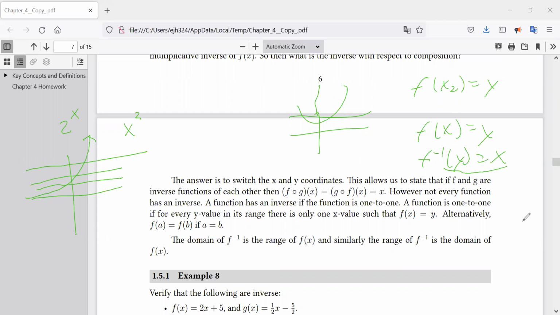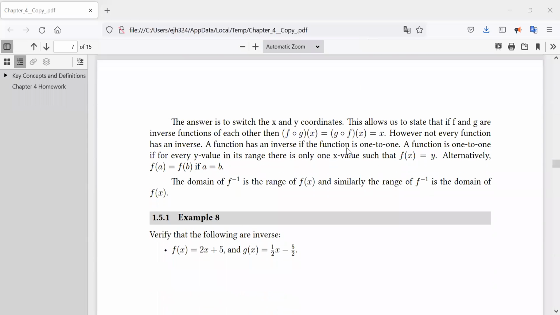So it can only cancel out one of the points. So the horizontal line test ends up being a vertical line test on the inverse function.